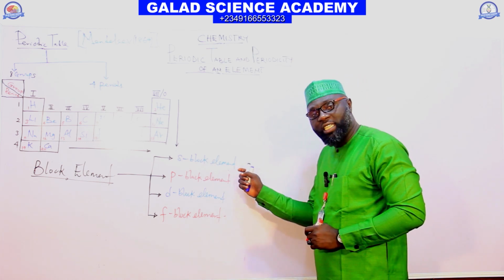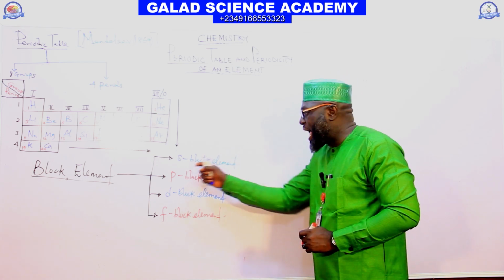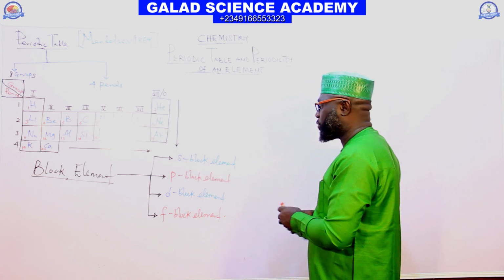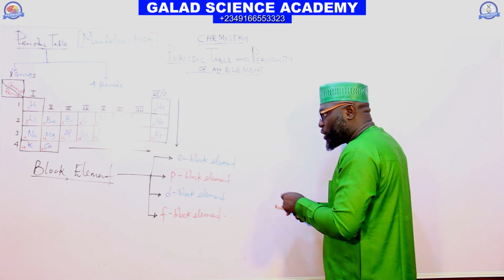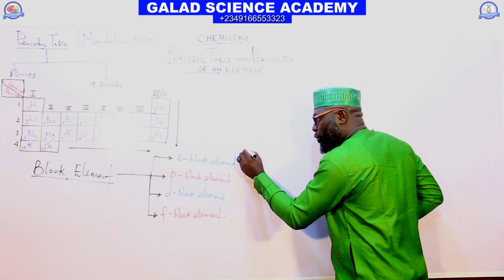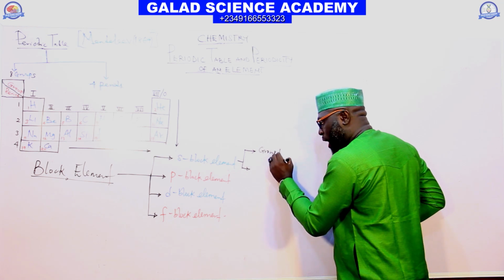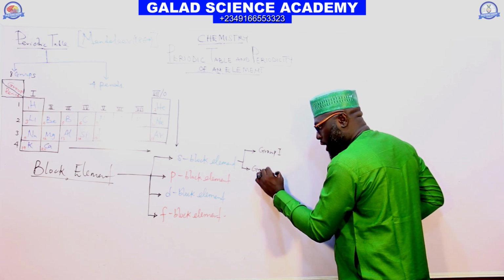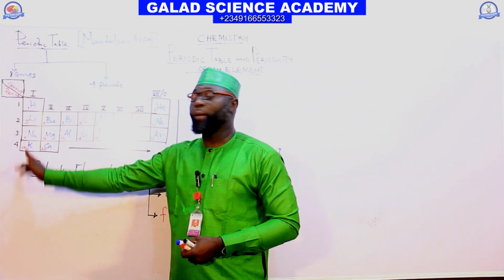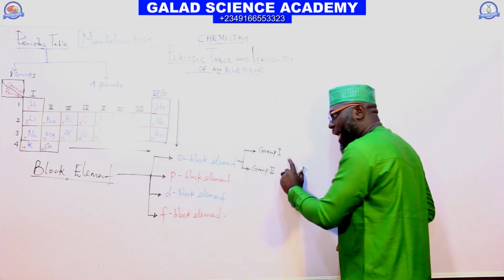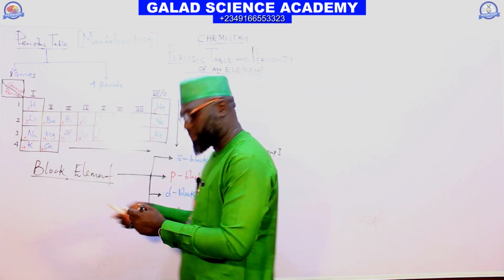They are elements of group 1 and group 2. So all the elements of group 1 and group 2 in the periodic table are called S block elements.